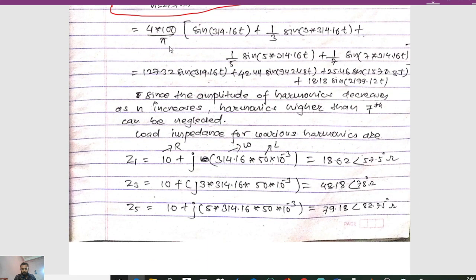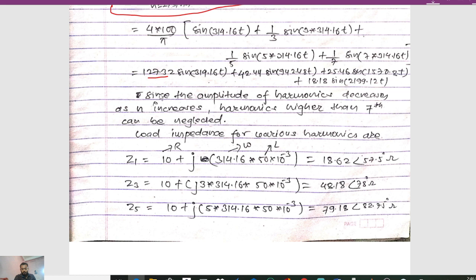If you solve this, you will get 127.32 sin 314.16 t plus 42.44 sin 942.48 t plus 25.46 sin 1570.80 t plus 18.18 sin 2199.1 t. The first amplitude is 127.32, for n equals 3 we have 42.44, for n equals 5 we have 25.46, and for n equals 7 we have 18.18.